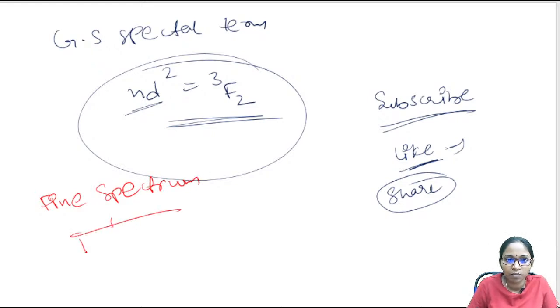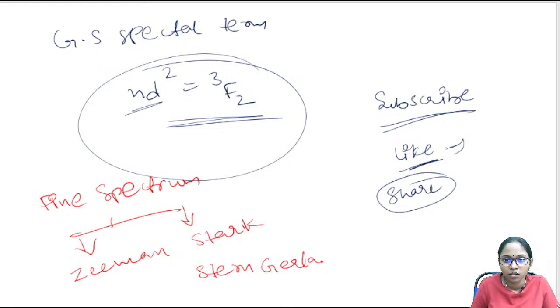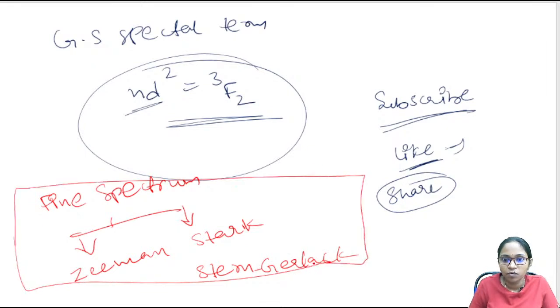In fine spectrum we will cover the Zeeman effect and Stark effect, and not only that, the Stern-Gerlach experiment. In our next class, we are going to learn fine spectrum and Stern-Gerlach experiments.